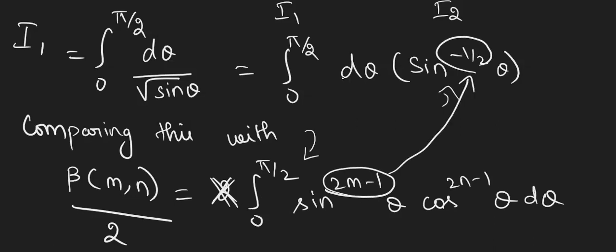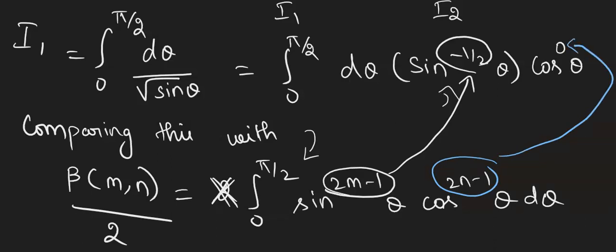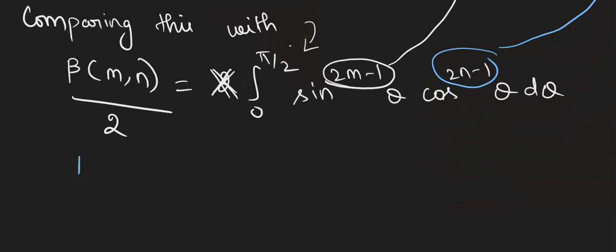I don't have anything in terms of cos, so I can write it as cos power 0 theta, because anything power 0 is 1. So in the place of 2n minus 1, what I have is 0. So your I1 is nothing but, very simple, beta of m comma n by 2.